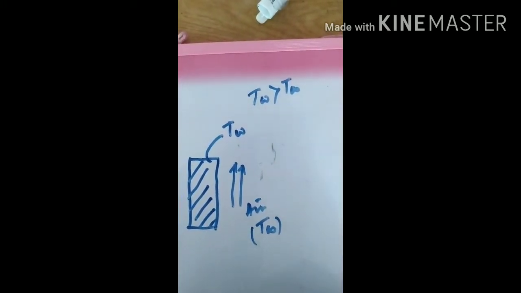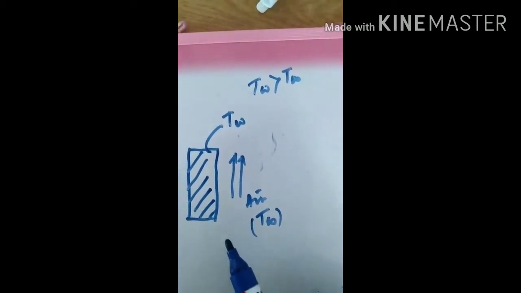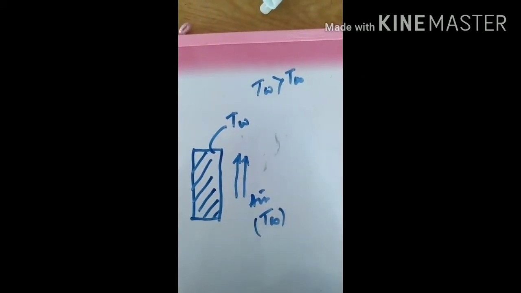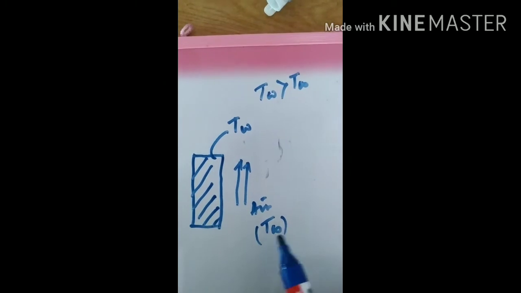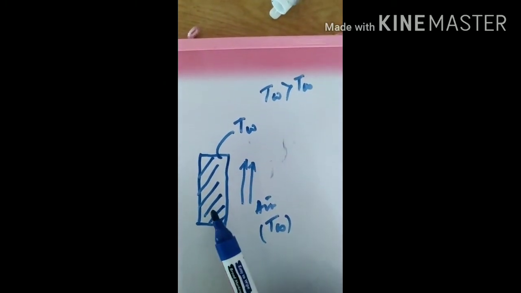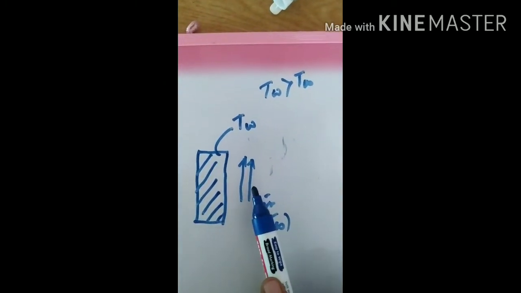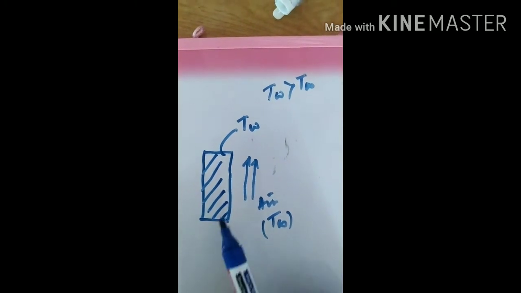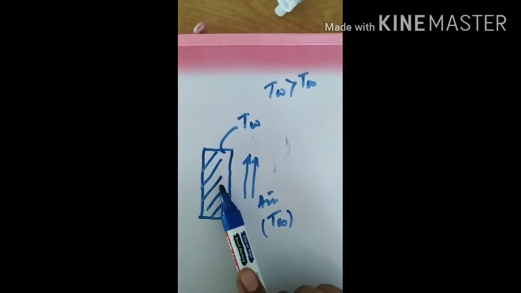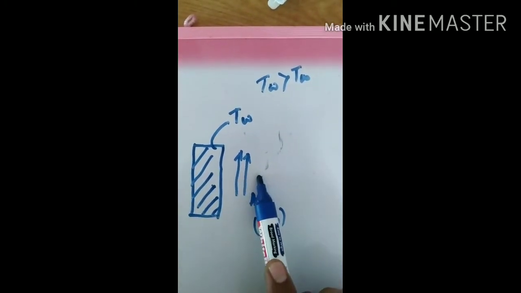Accordingly, we say the convection is free convection or forced convection. But in all cases, convection heat transfer occurs between this surface and the air, as a result of which heat flows from the hot surface to the air.